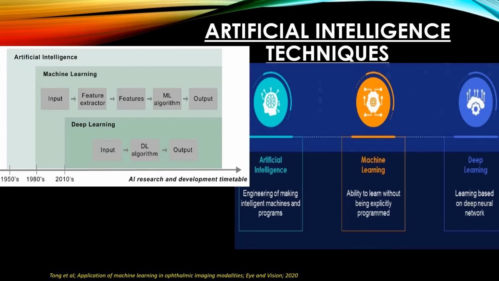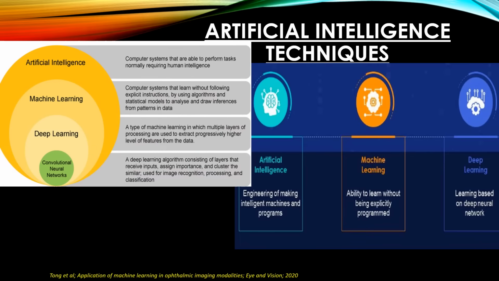Deep learning is another subset of machine learning where we delve deeper, and the learning is based on deep neural networks. Here in the Venn diagram we can see artificial intelligence with a subset of machine learning, then deep learning, and within deep learning we have various convolutional neural networks.